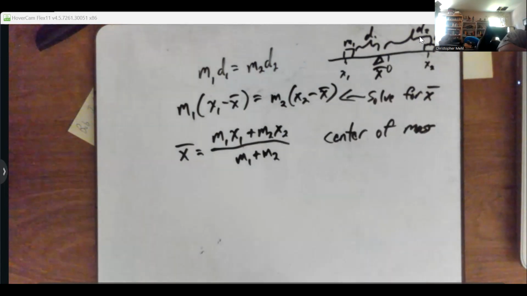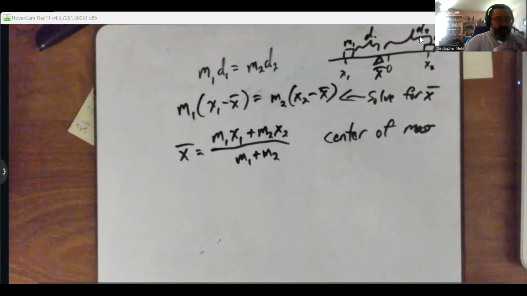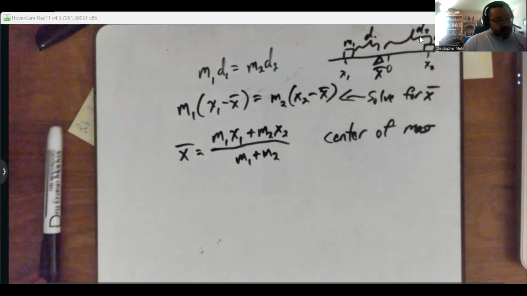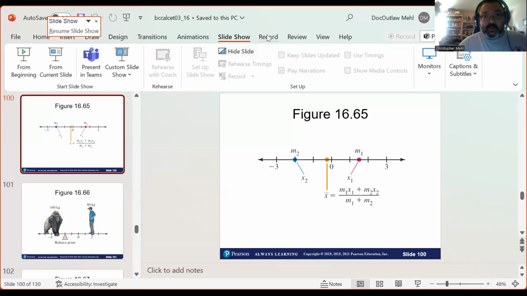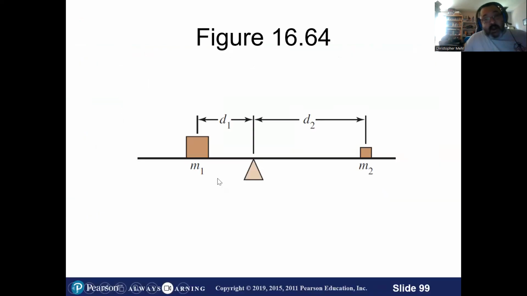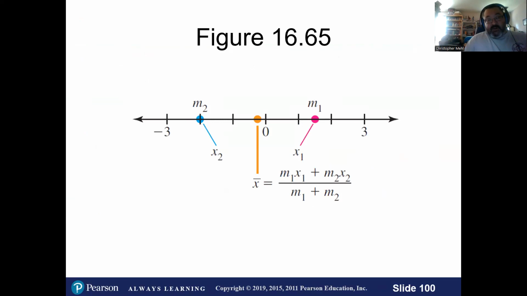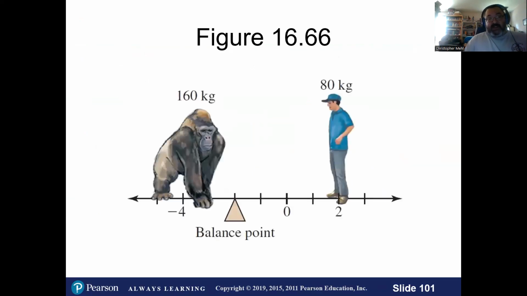Now that we've generalized this, so we can do it for any coordinate system, we want to consider an example problem. Here's how we found the center of mass; now let's do an example problem.